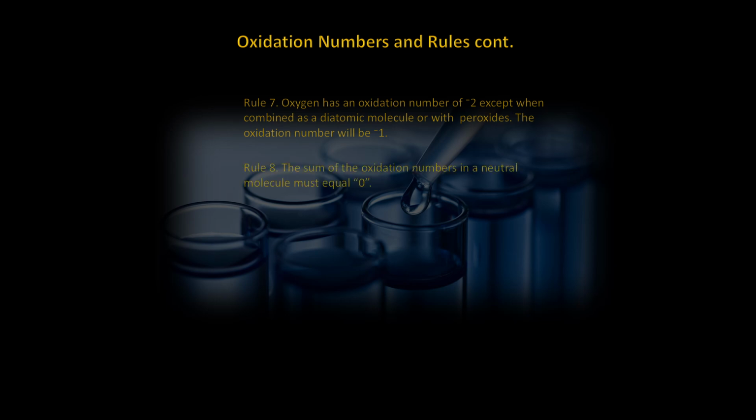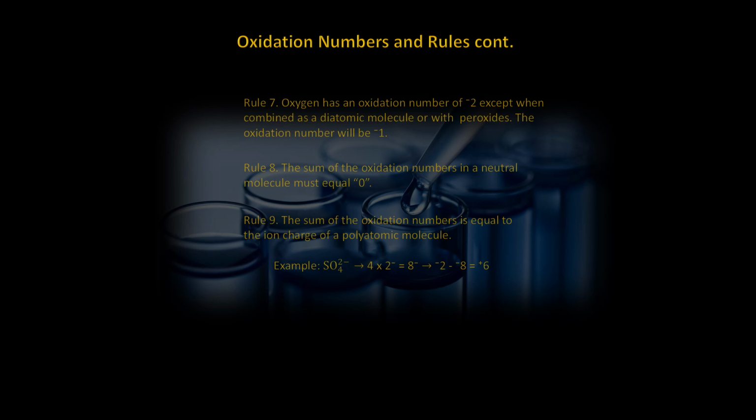Rule number 8 is similar to rule number 2. It states that the sum of the oxidation numbers in a neutral molecule must equal 0. Whereas rule number 9 states that the sum of the oxidation numbers will be equal to the ion charge of a non-neutral polyatomic ion, such as SO4, a sulfate ion.